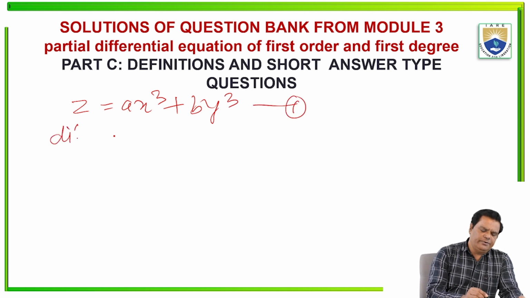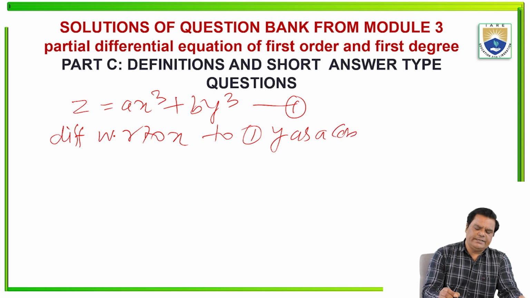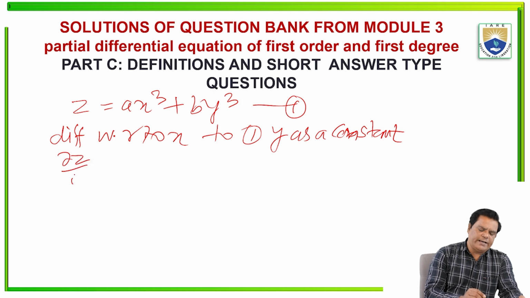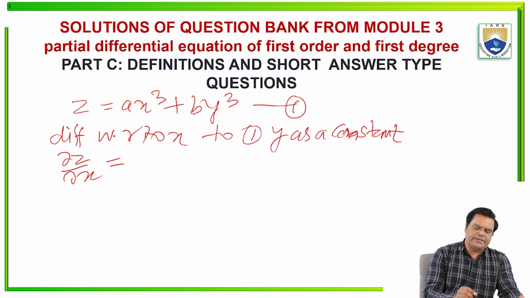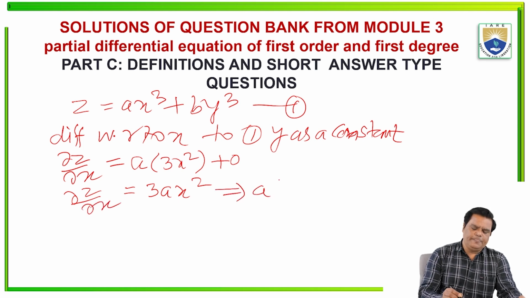Here, differentiating equation 1 with respect to x, taking y as a constant. Then ∂z/∂x: here y is a constant, so the derivative of y is 0. So a into 3x², and this result is 0. So ∂z/∂x equals 3ax². Now we find a equal to 1/(3x²) ∂z/∂x.